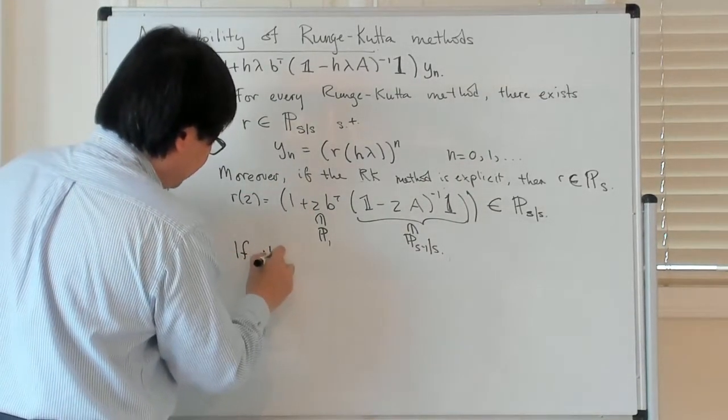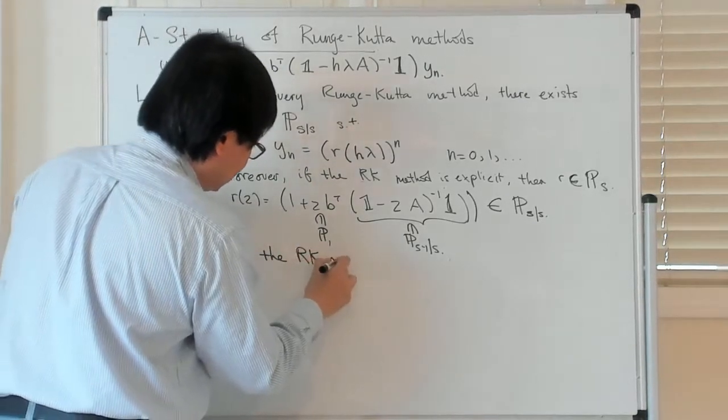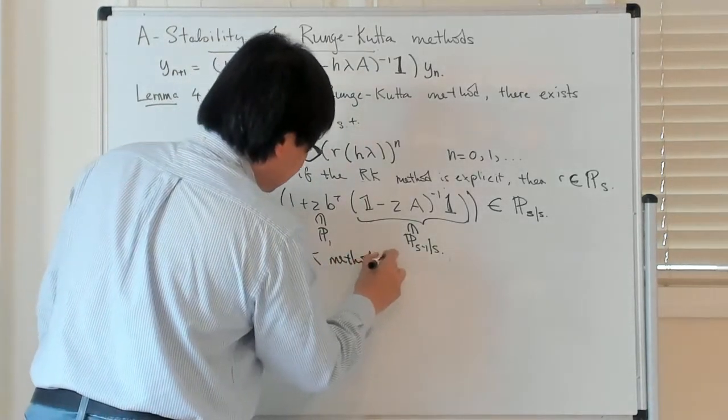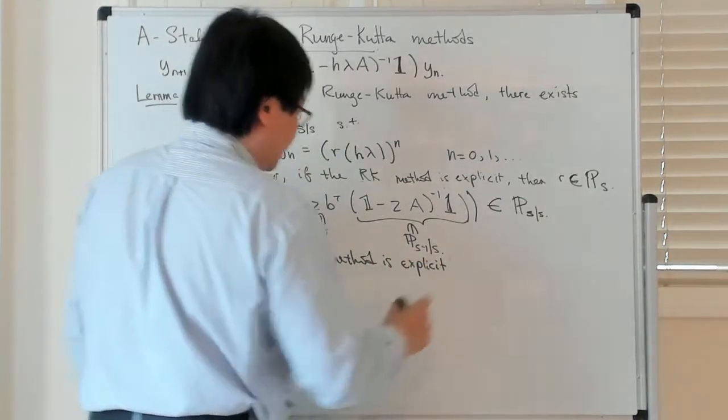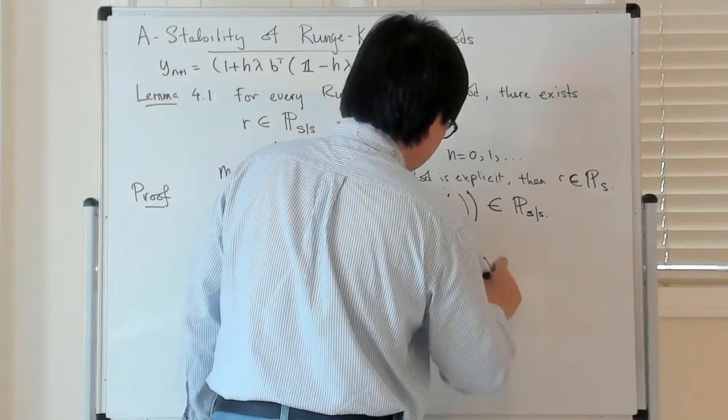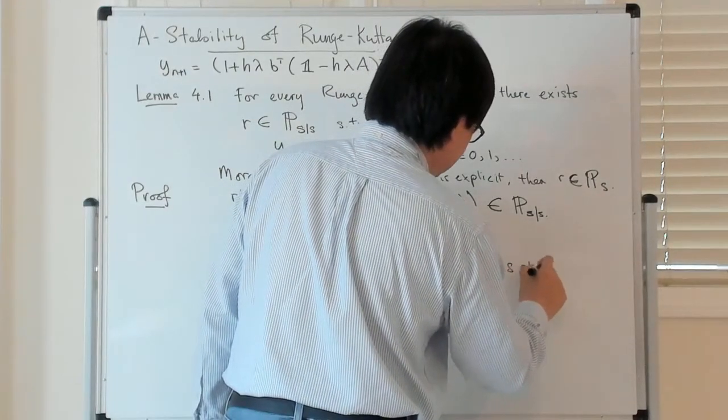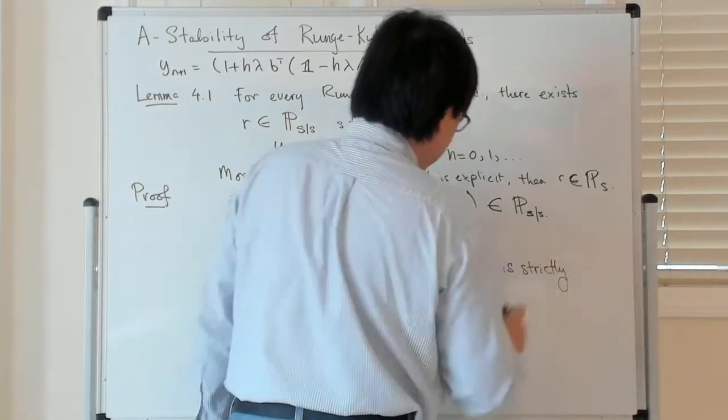And then finally, what happens if the Runge-Kutta method is explicit? So if the RK method is explicit, this implies that A is strictly lower triangular.